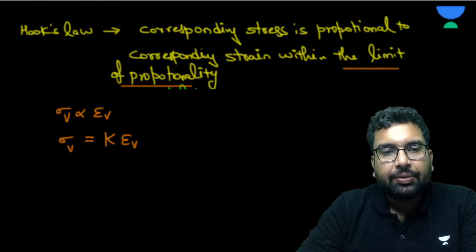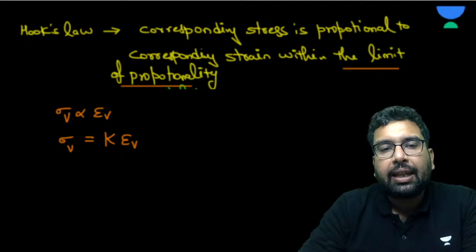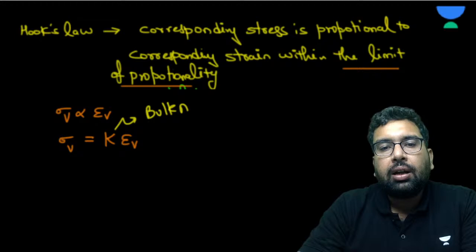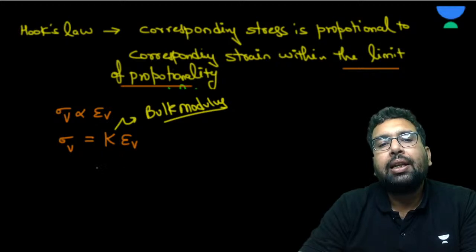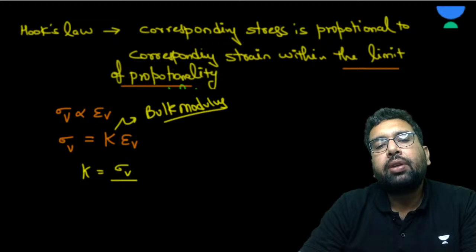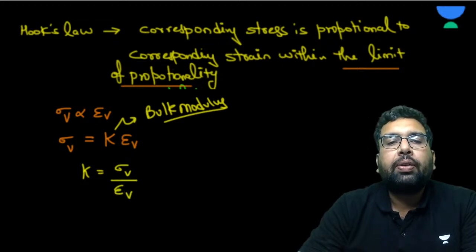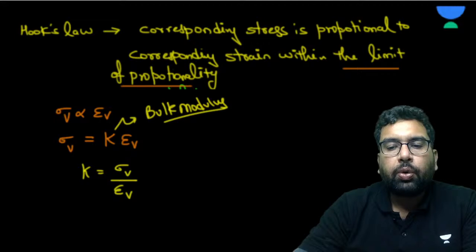So what is this K? K is the bulk modulus, and basically this K we can write as the volumetric stress upon the volumetric strain.